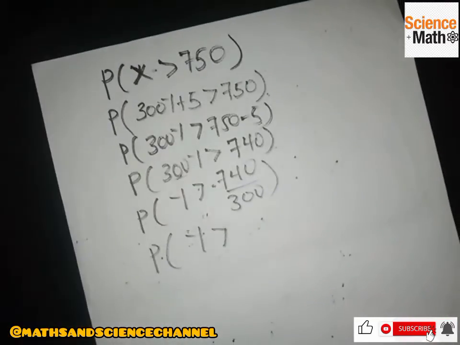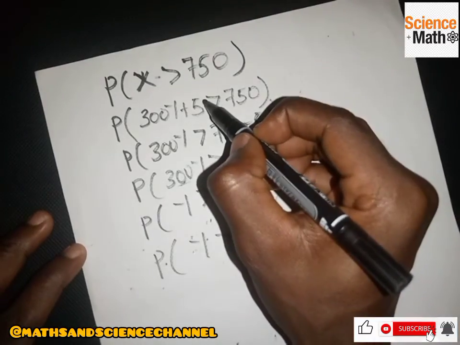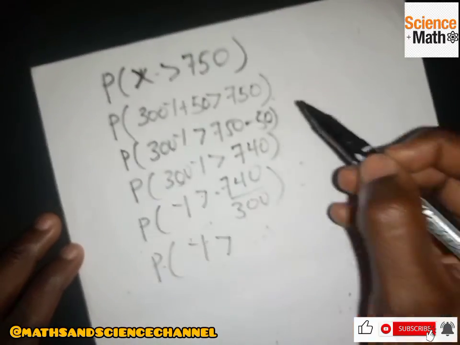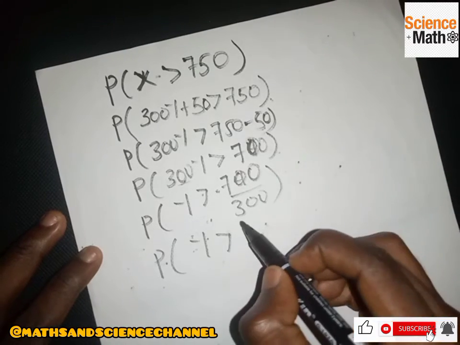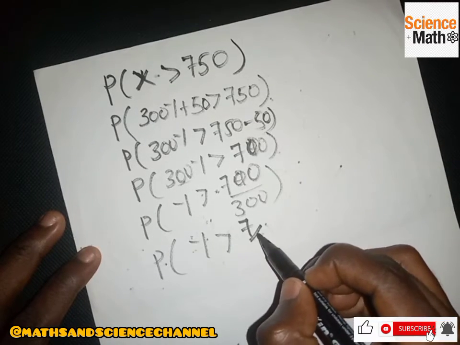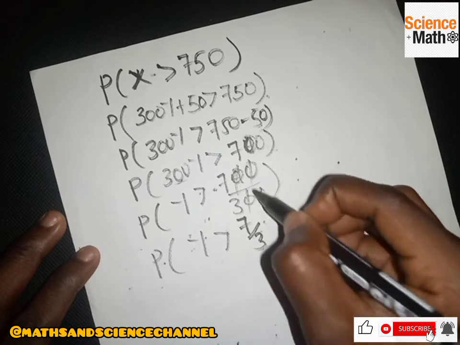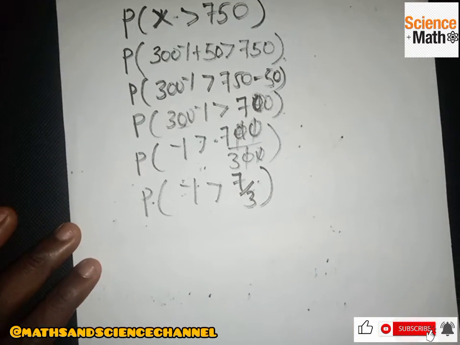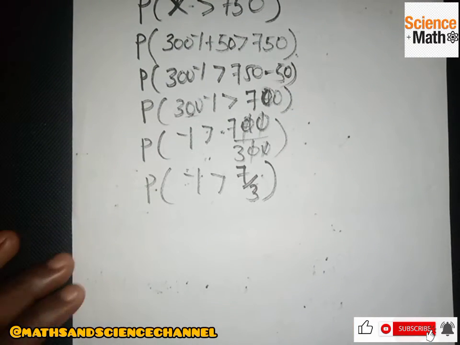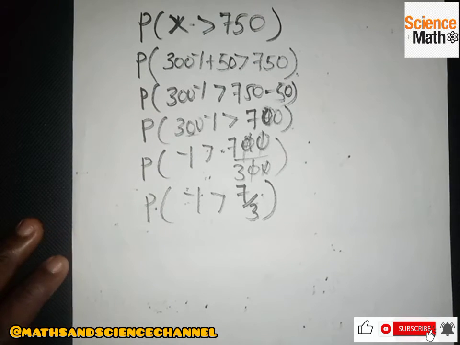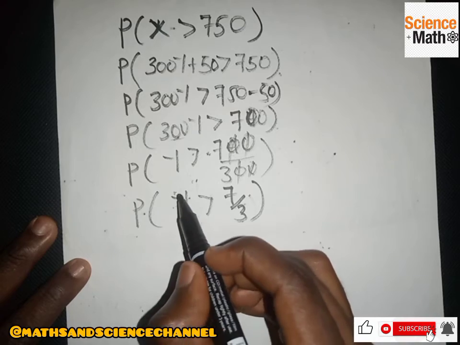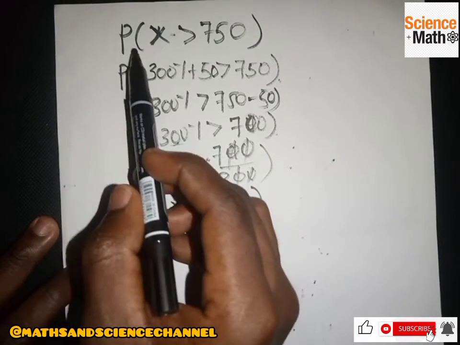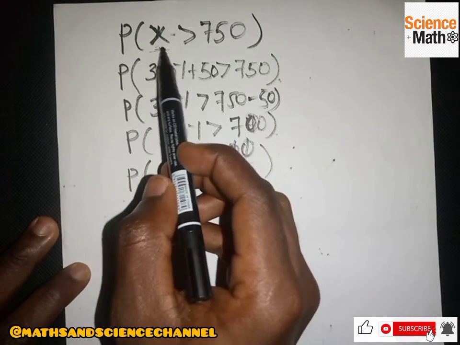So now if it is 50, which means that this place is 50, this place is 50, and then it becomes 700 here. So we are going to get 7 over 3, because it will cancel out in this case. What we have done is that we have been able to write everything with the parameter y, because first we were given the parameter x here.